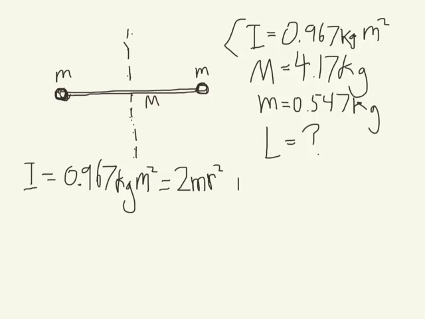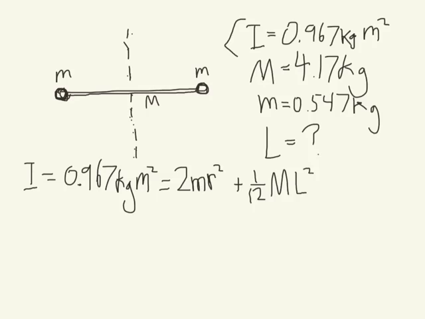And to that we add the moment of inertia for the rod, which, because it's rotating about an axis in the middle of the rod, is 1/12 of its mass times its length squared, because rods are different. The equation is in terms of the length of the rod.